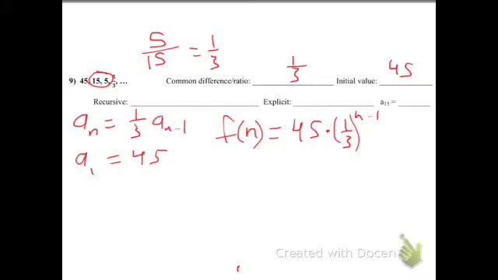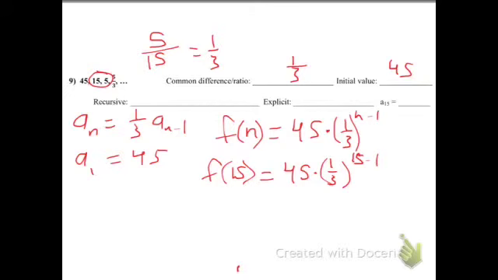And that's going to be our function. Remember, initial value, what you multiply by each time there. To get the a sub 15, you're going to plug in 15 into your function. And if you plug this in your calculator, you get an interesting looking decimal number.